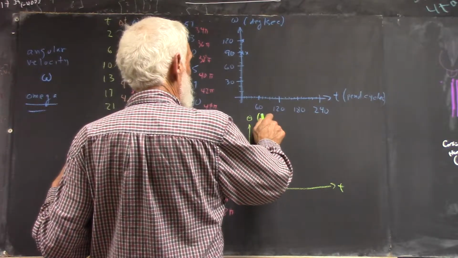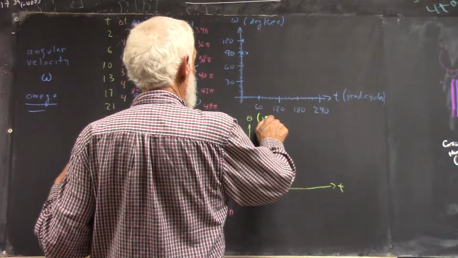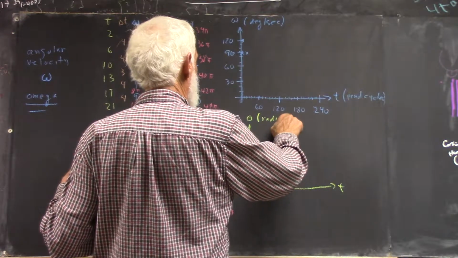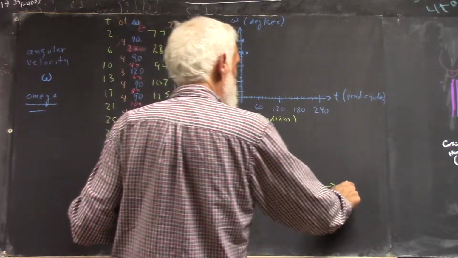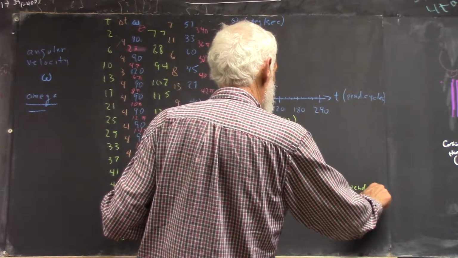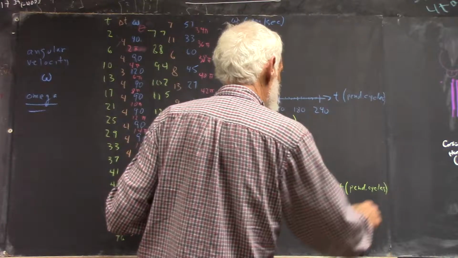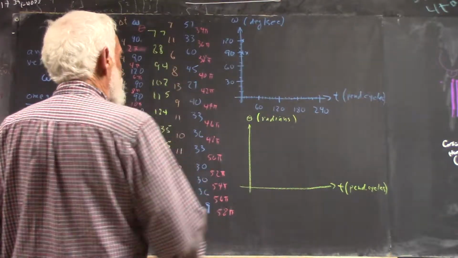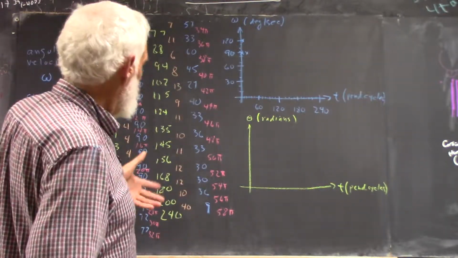But theta will be in radians, where t is again in pendulum cycles. Okay, well, we can put these points on a graph.